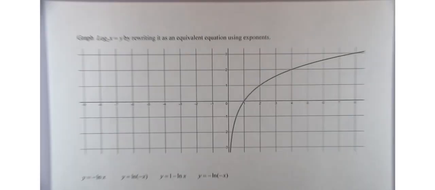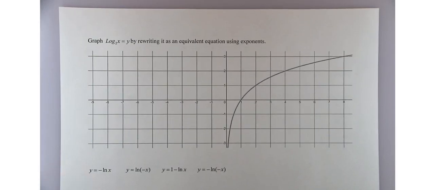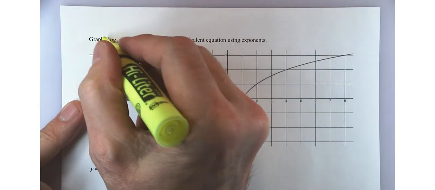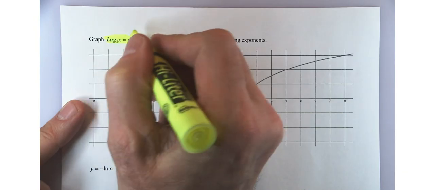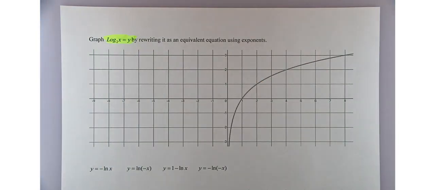And it says, graph log base 2 of x by rewriting it as an equivalent expression using exponents. So let's take a look at this expression here. Can anyone rewrite this? In fact, why don't you take a second and see if you can rewrite it for yourself using exponents.